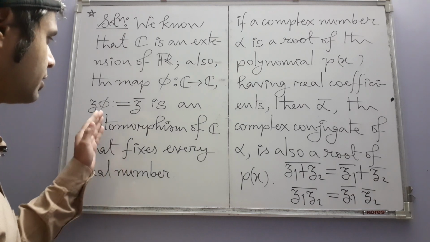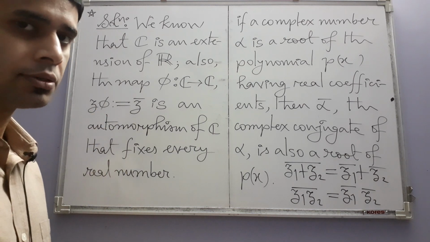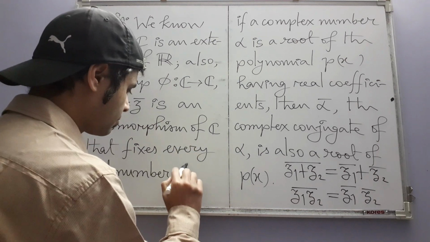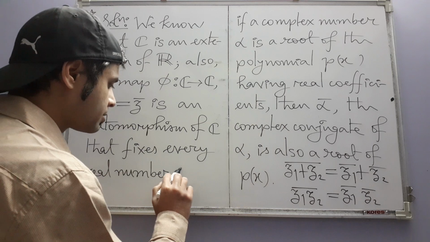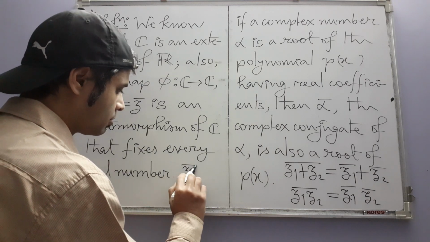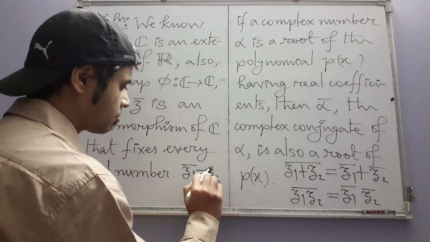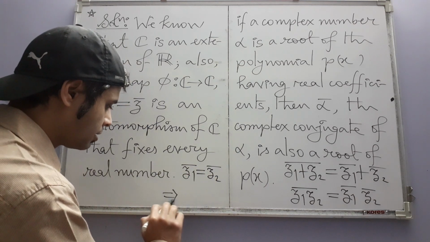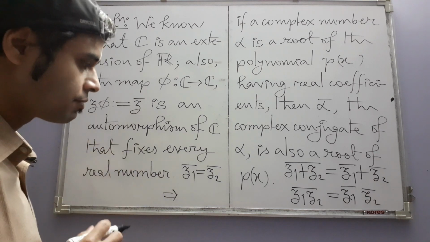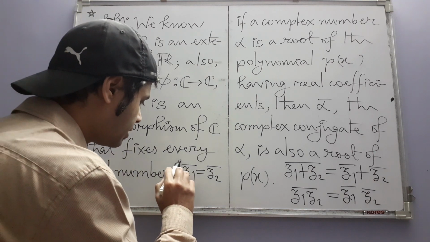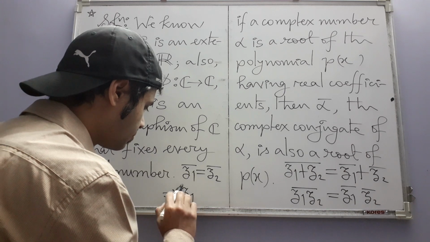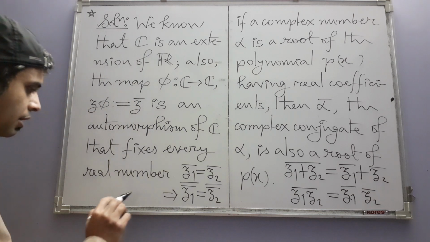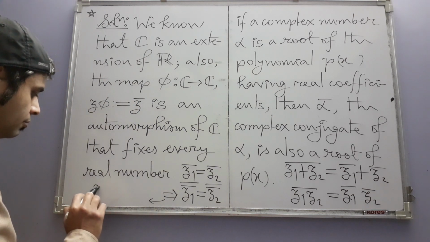Then you have to show that this phi is 1 to 1 and onto. 1 to 1ness of course comes from this. Say you take two complex numbers for which their complex conjugates are the same, then the complex numbers themselves should be the same, because you can then take conjugates of these conjugates, which will give you this.